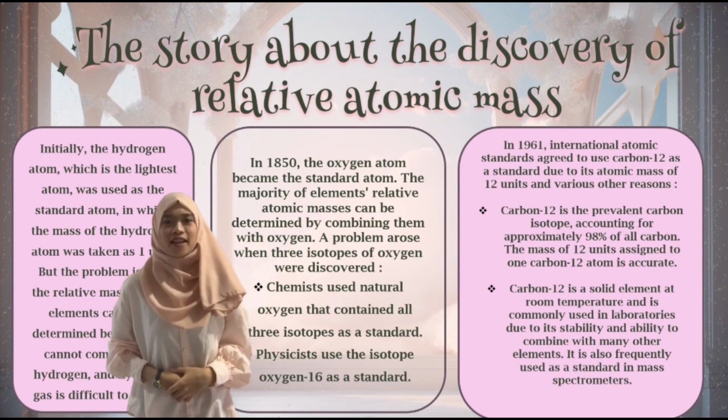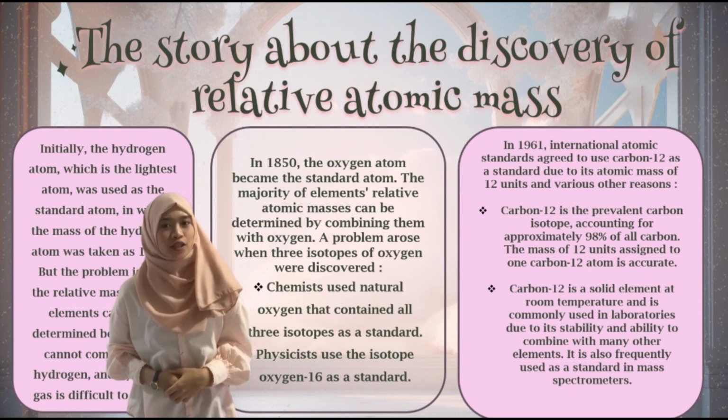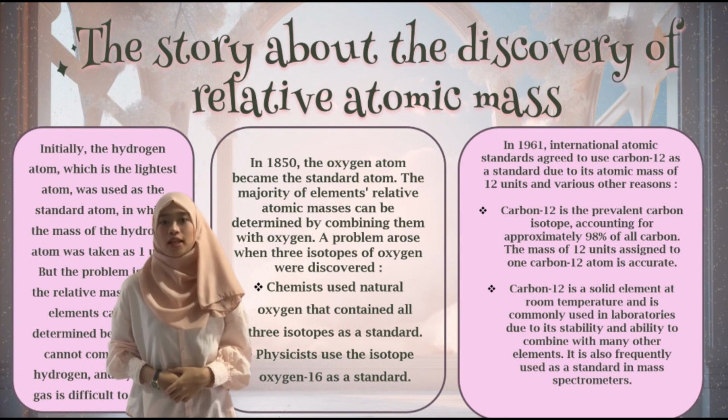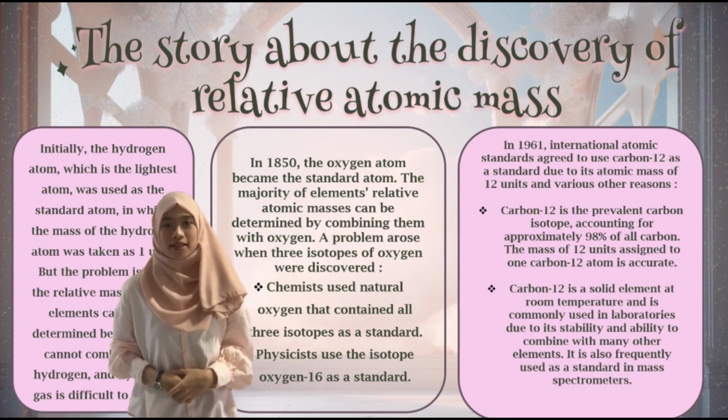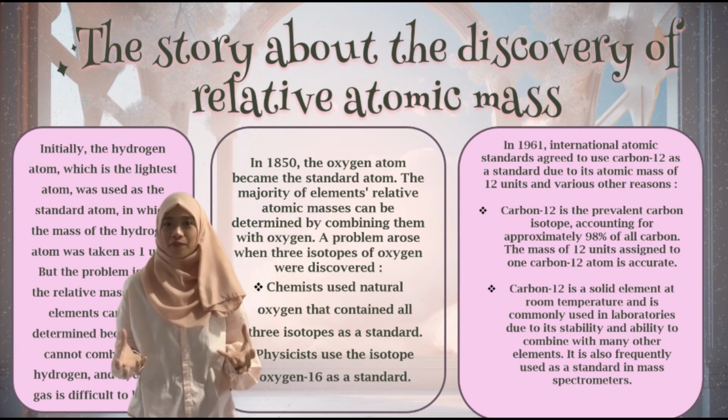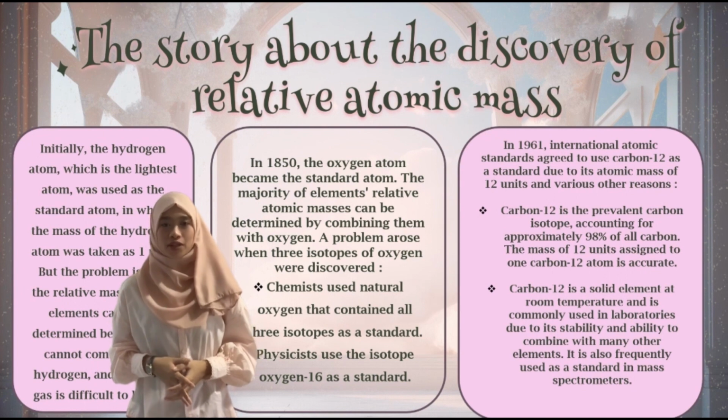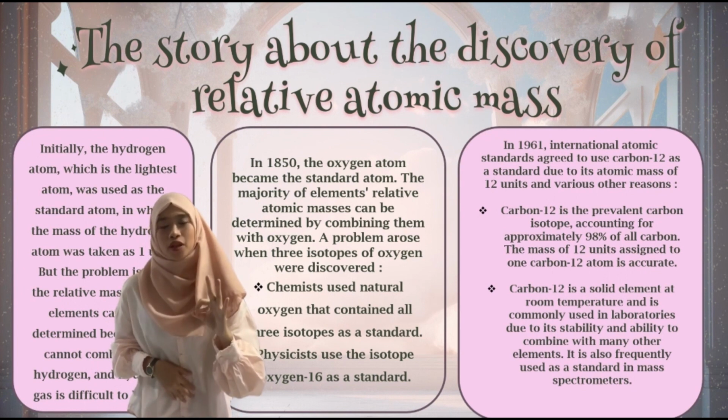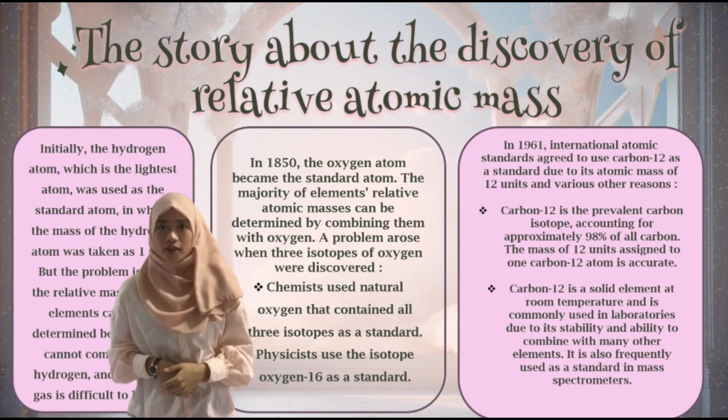After that, in 1815, the oxygen atom became the standard atom. The majority of elements' relative atomic masses can be determined by combining them with oxygen. But then a problem arises again when 3 isotopes of oxygen were discovered.